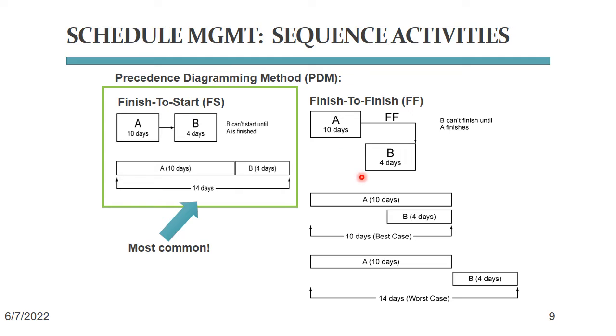If there is no other dependency between A and B, we get the best case scenario in which A and B can run in parallel and both finish at the same time. If there is a dependency between A and B, then B can always finish after A, and the longest duration will be A plus B, as you're seeing on the right side of the screen here.